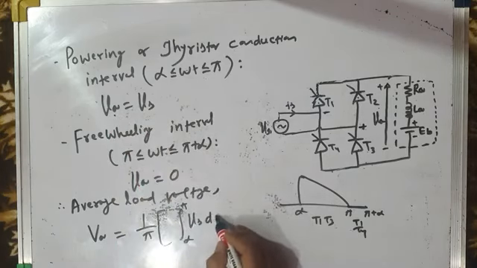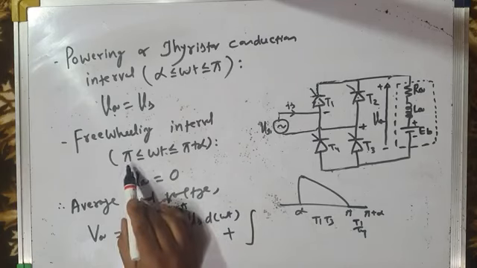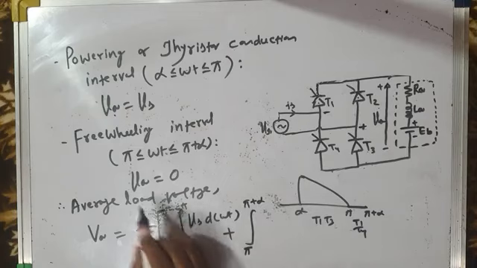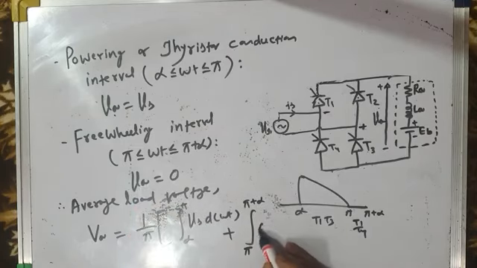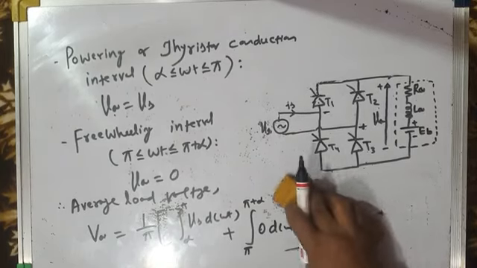So this is VA, Vs d omega t, because load voltage is same as source voltage. Plus then we have freewheeling interval. Freewheeling interval is from pi to pi plus alpha. So limits of integral are pi to pi plus alpha. And during this period, what is load voltage? Zero. So it is 0 into d omega t. Close the bracket.